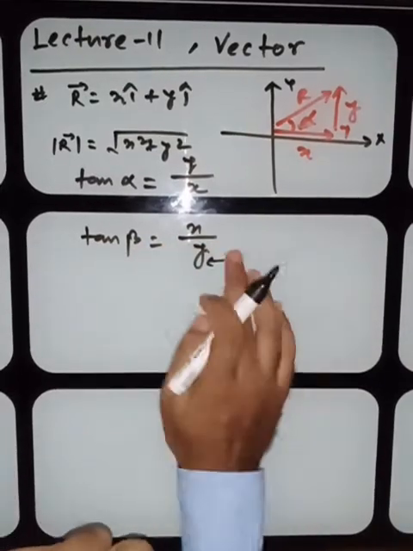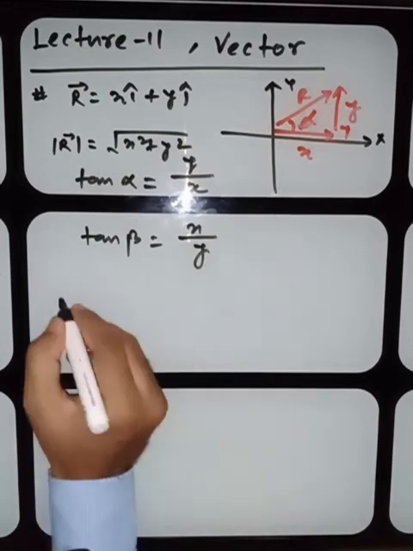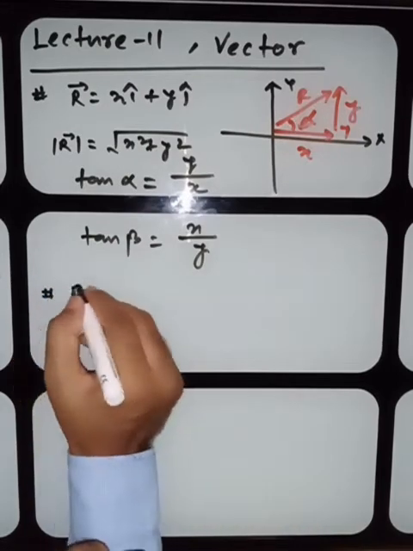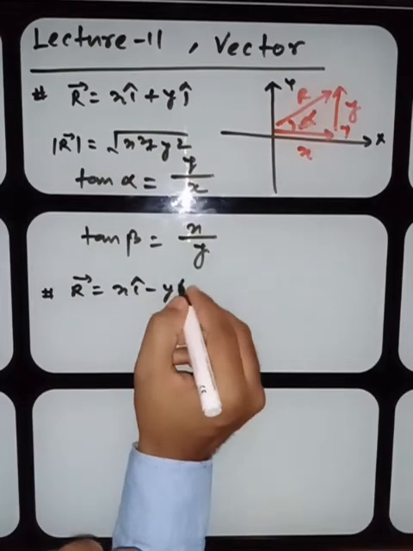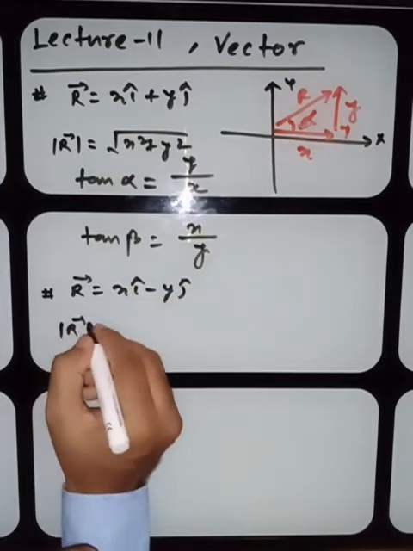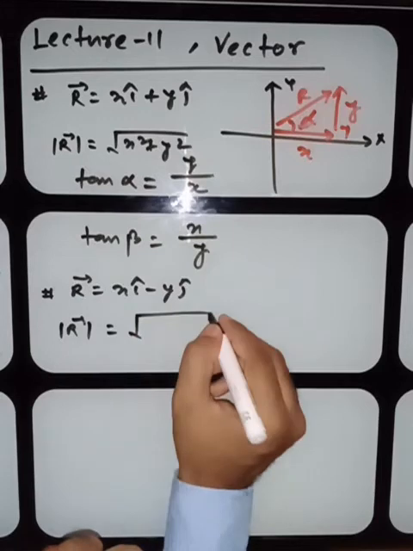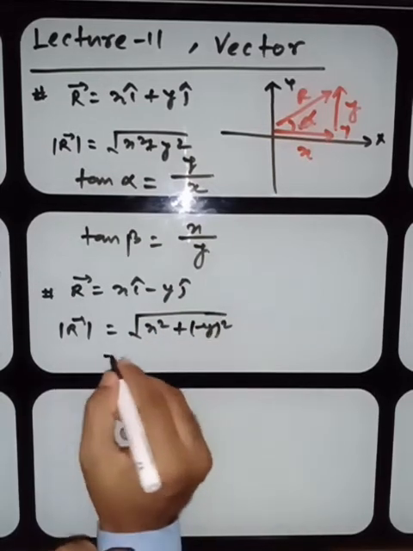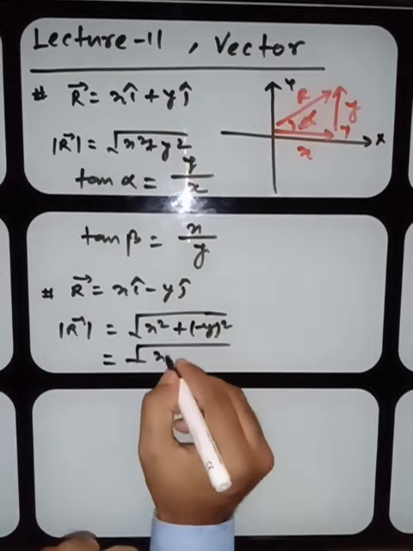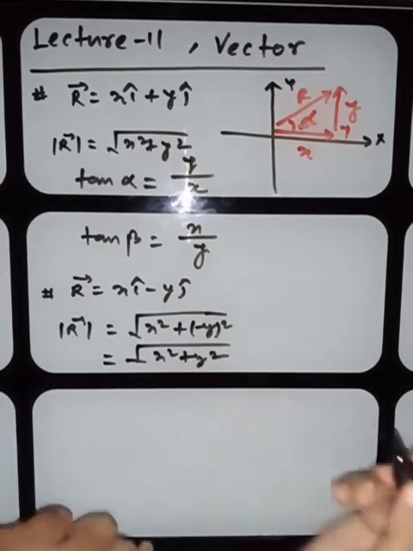Okay, my dear student. Now here, if the resultant is in this way, xi minus yj, the magnitude will be root under x square plus minus y whole square. It remains the same, the magnitude remains x square plus y square under the root.